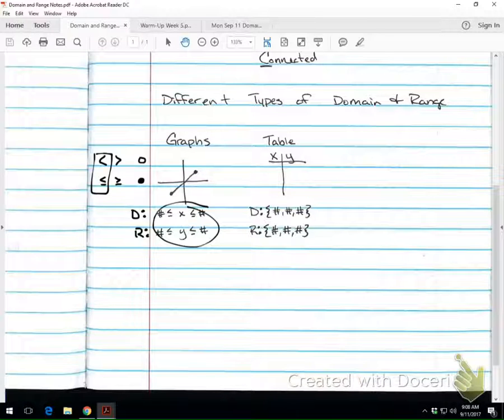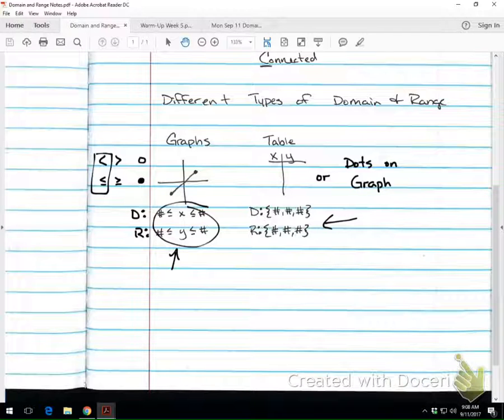Okay? Now if you have a table or dots on a graph, you're going to write it like this. A list of numbers. Okay, so when you have a graph and you can see both ends of the graph, two dots and a line in between or a curve in between, whatever, you're going to write it like the first one right here. And when you have a table or dots on a graph, you're going to write it like this.